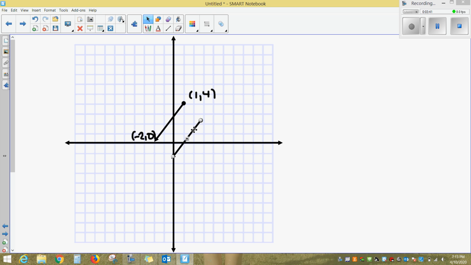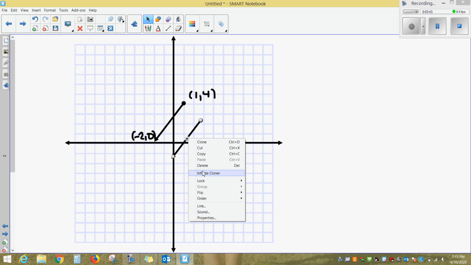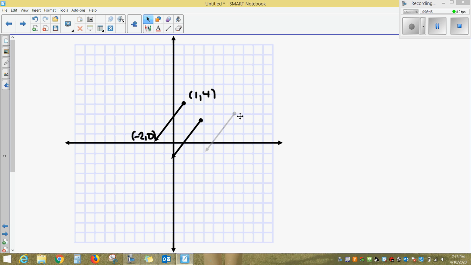Let me clone it. Any place that we want to move this vector, doesn't matter where we start it or where we end it, all of these are considered the same vector. I can put them over here, up here, kind of willy-nilly in the middle of space.